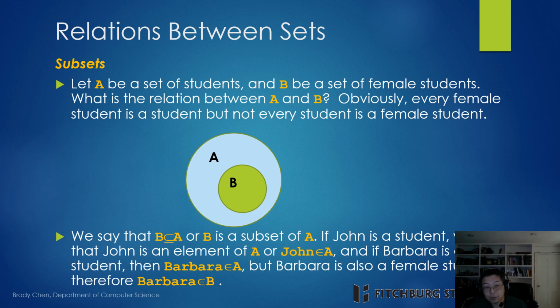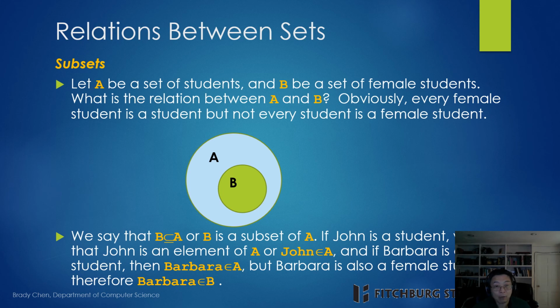Now we can define another set, B. B is a set of female students. So B is also a set defined by describing the contents. What is the relationship between these two sets, A and B?